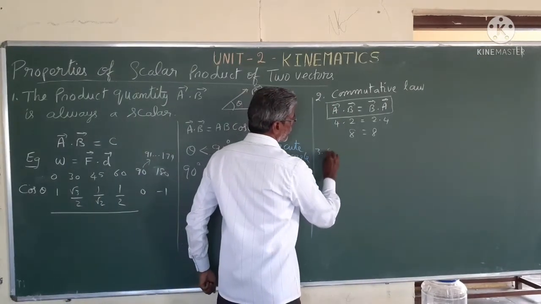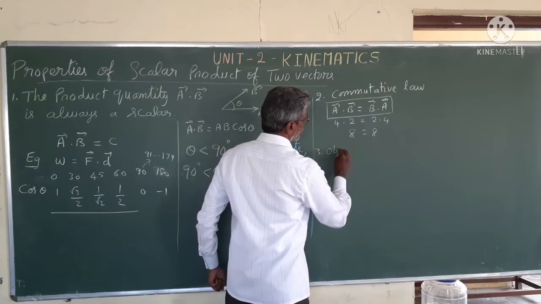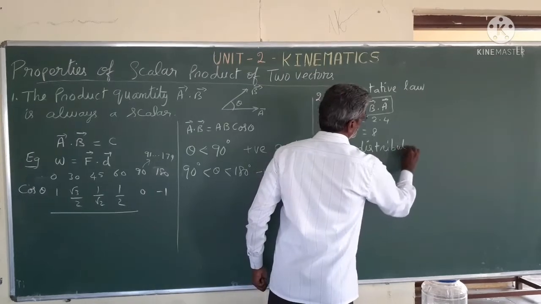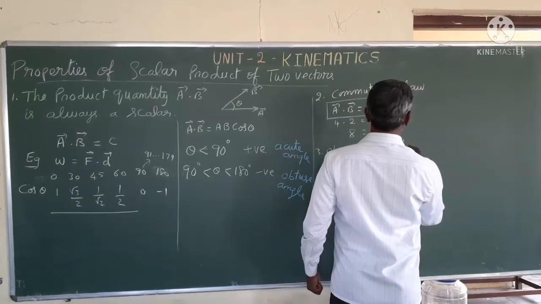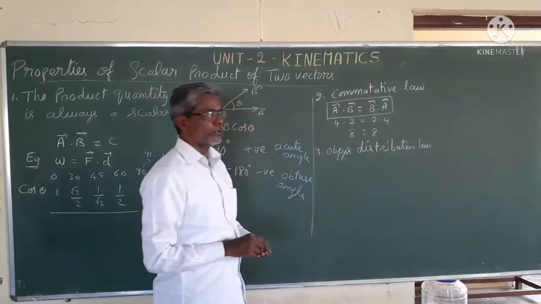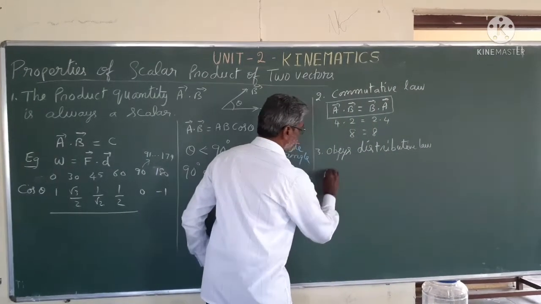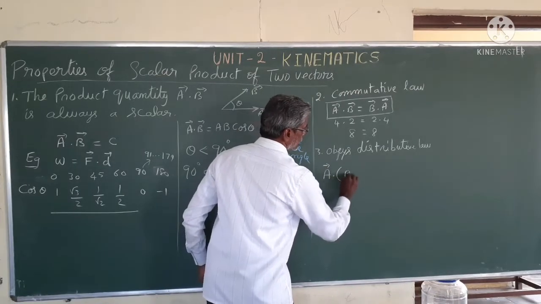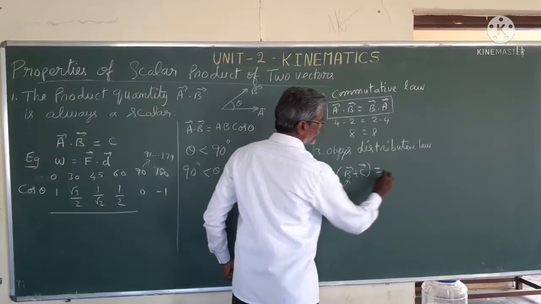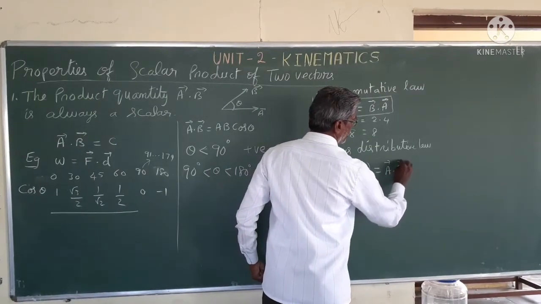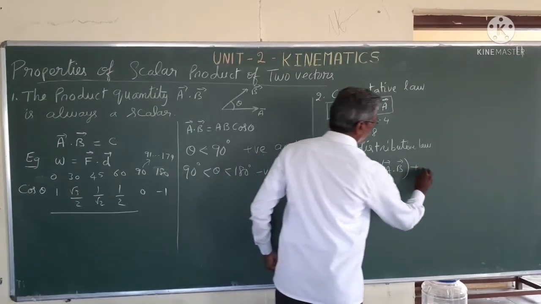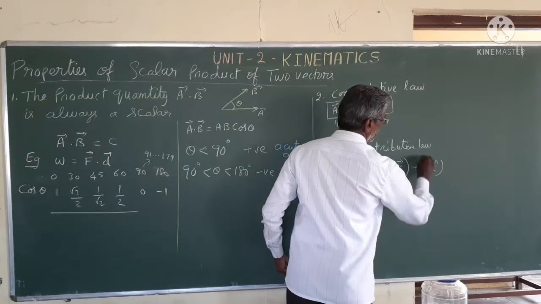Third property, it obeys distributive law. That is A vector dot B vector plus C vector is equal to A vector dot B vector plus A vector dot C vector.